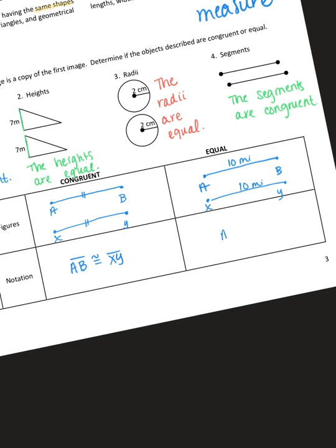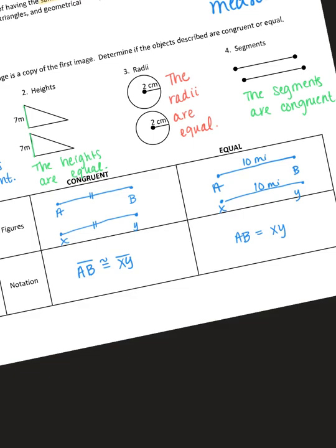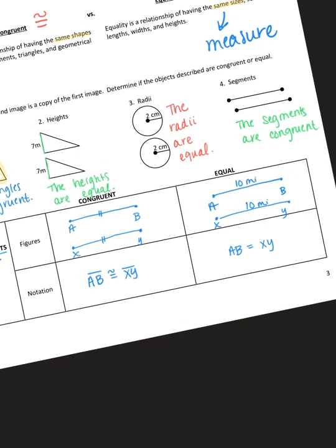So now we say the length of AB is equal to the length of XY. So if you notice, we use an equal sign, and there is no notation above AB and XY. Okay? So this is going to be very, very important and critical. So this is probably going to be an important page of notes to refer to until this becomes more natural for you.